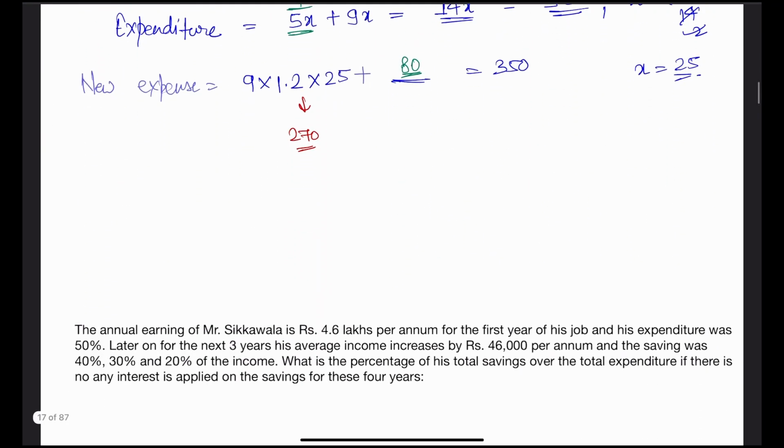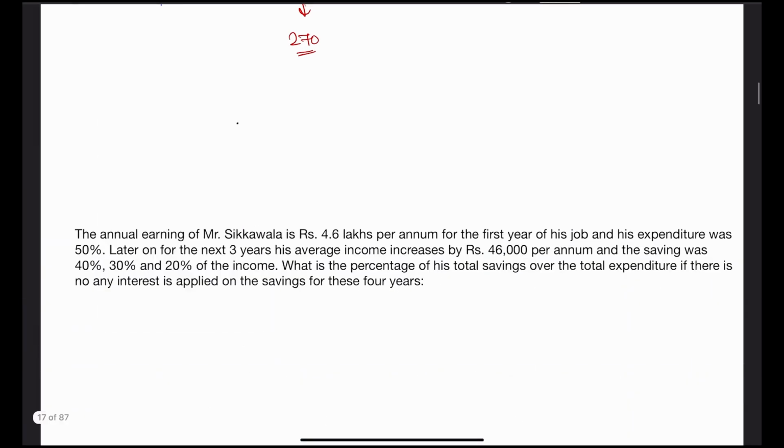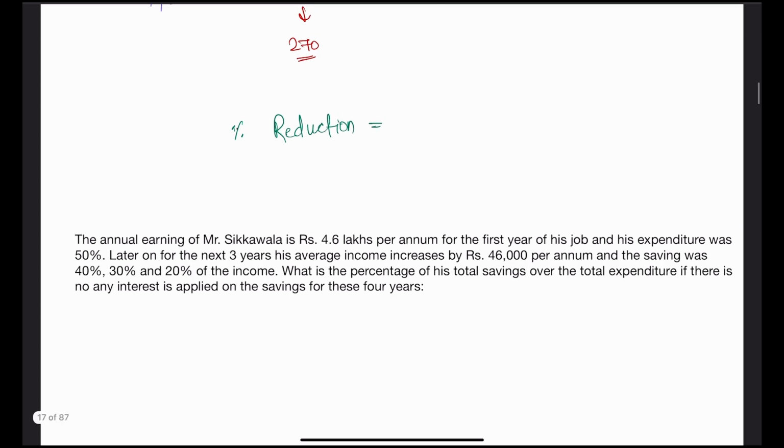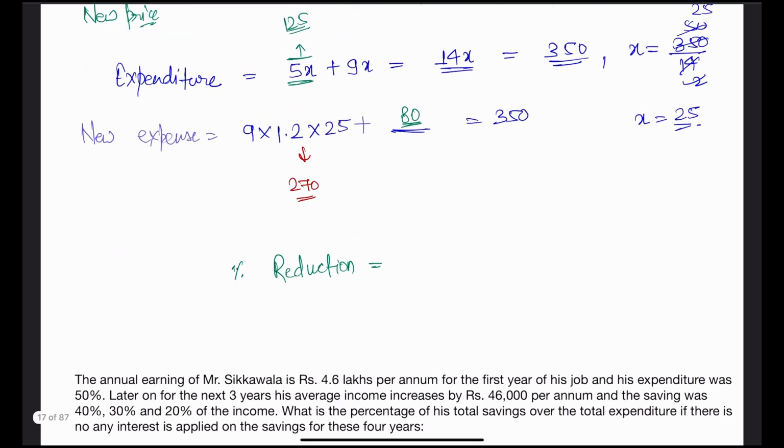So percentage reduction will be 45 upon 125 into 100.